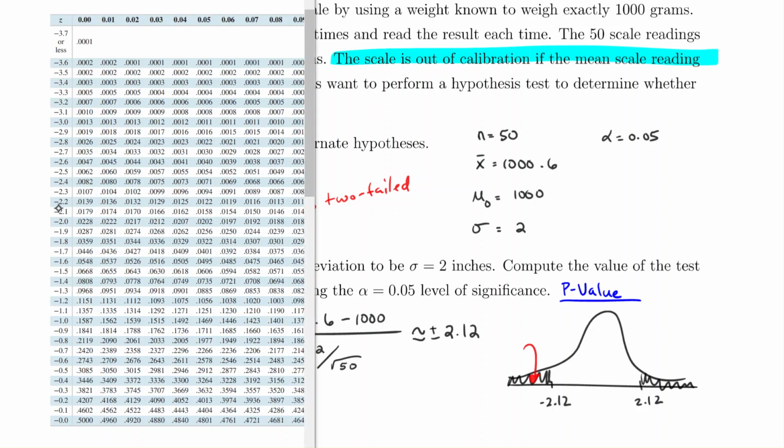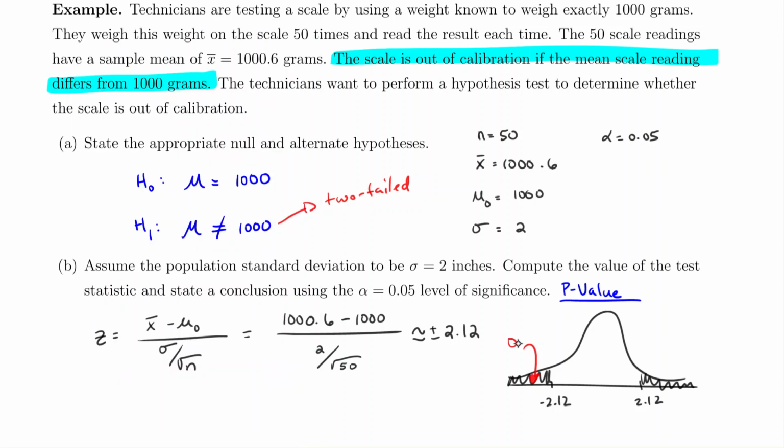For negative 2.12, I've got my negative 2.1 row, 0.02 column, and we see the area to the left is 0.017, which is exactly the same on the right because it's symmetric, so I can just double that value. So my p-value is 2 times 0.017, which is 0.034.